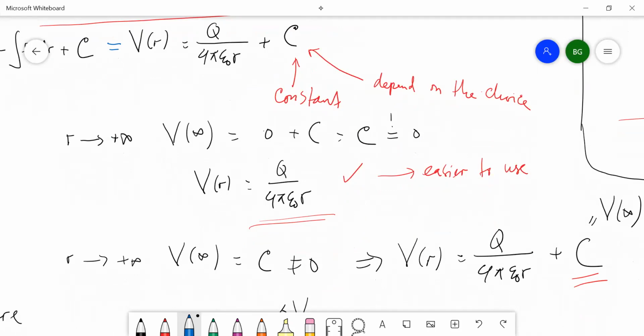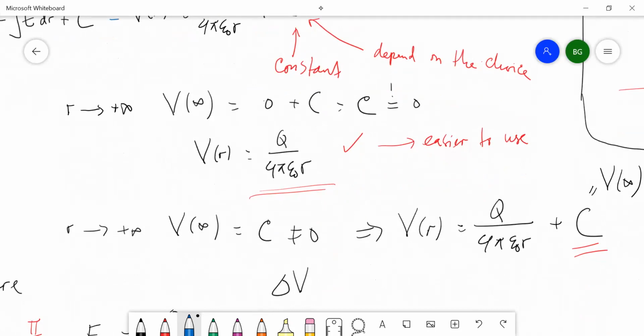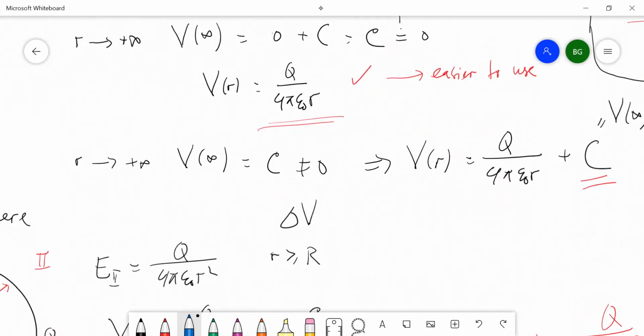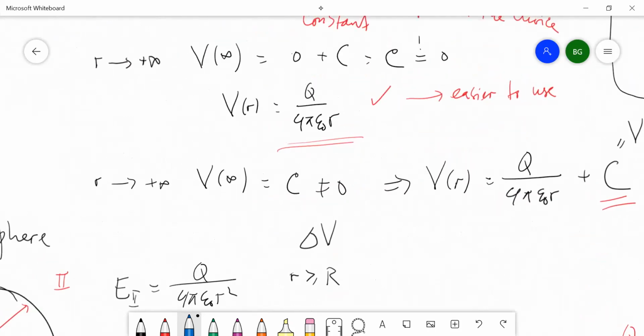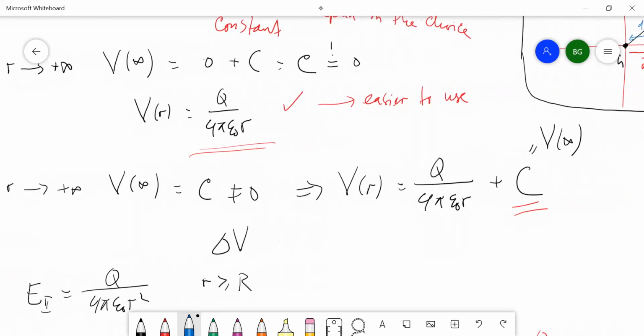If at infinity we set C to be non-zero, we get that V of R is equal to this one, where C is the value of the potential at infinity.